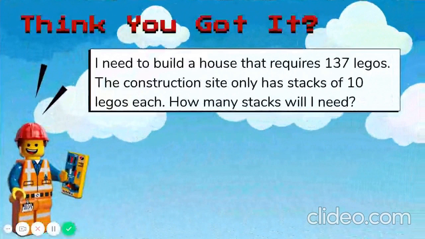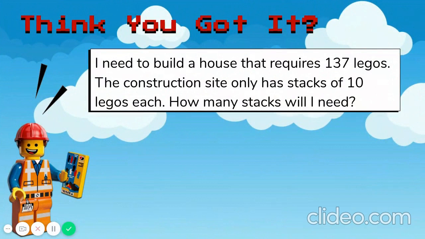What if I needed to build a house that required 137 Legos, but the construction site only has stacks of 10 Legos each? How many stacks will I need? Well, keep in mind that whenever I'm building a house, I have some sort of specific condition that I have to fulfill. So I need 137 Legos if they say I need 137 Legos.